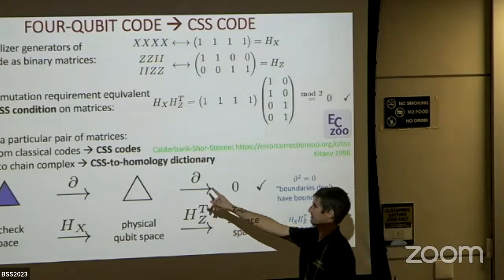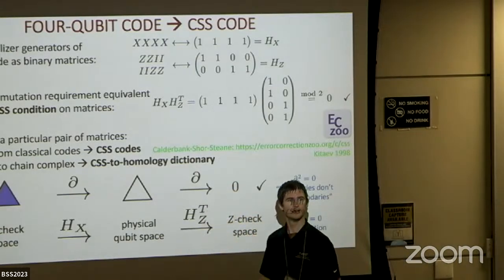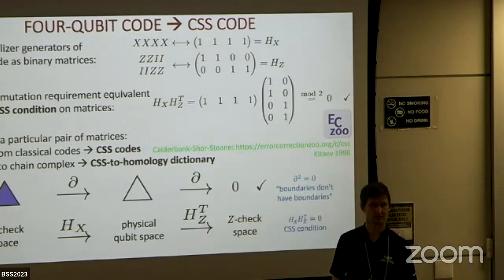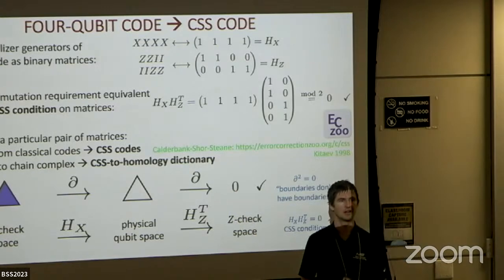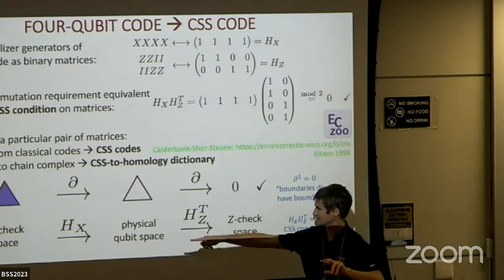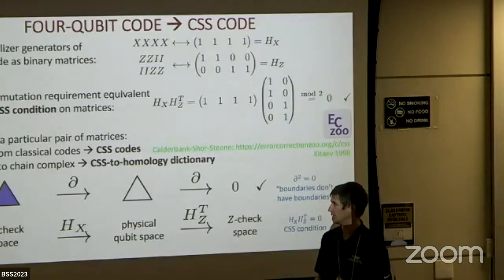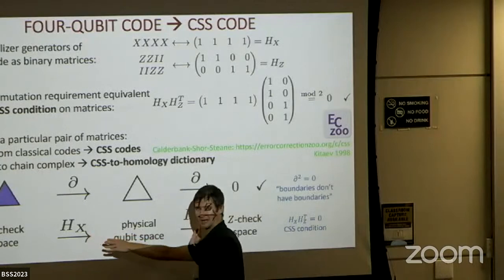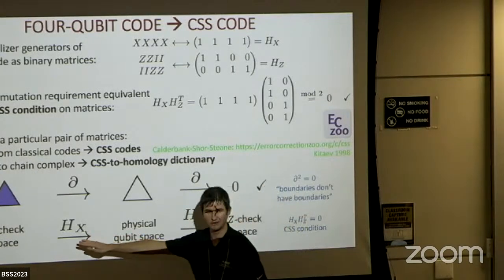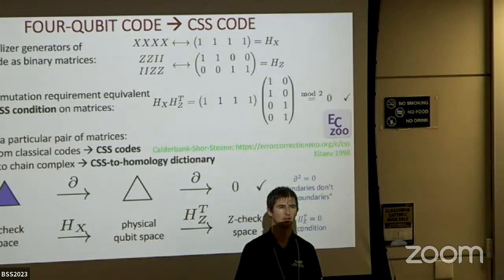You apply the boundary map 3 times? Oh, length 3 chain complex. Yeah, a quantum code only requires 3 things and 2 maps between them. Well, to define, you only need 2 boundary maps to define a quantum code, and you need 1 boundary map to define a classical code.